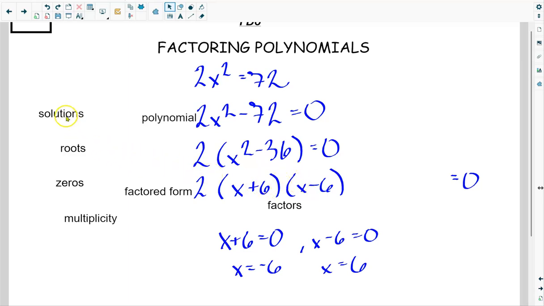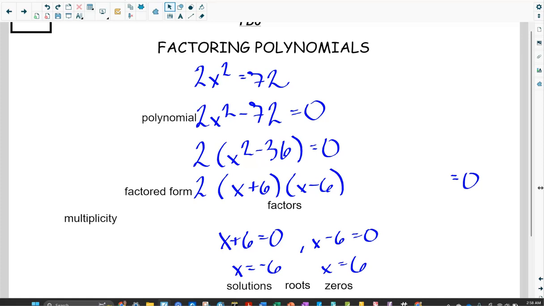What else do we have? After you do this little process down here, you have your solution, your roots, and your zeros. All these words basically mean the same thing. If they want solutions, here they go. If they want roots, here they go. If they want zeros, here they go.